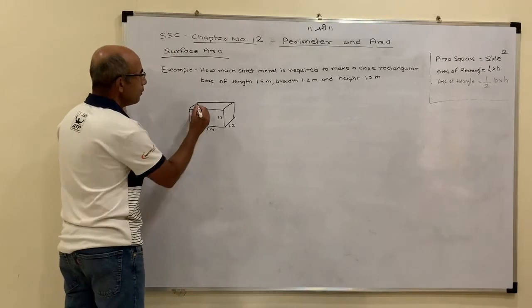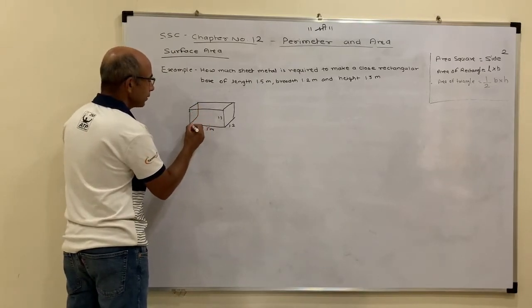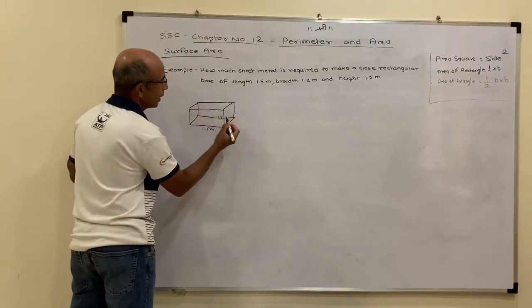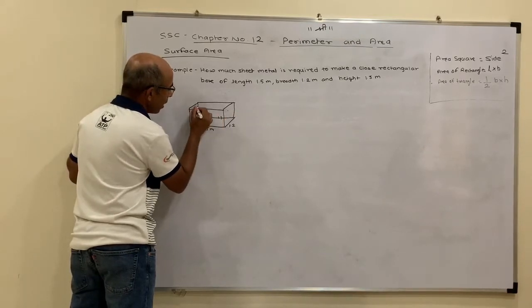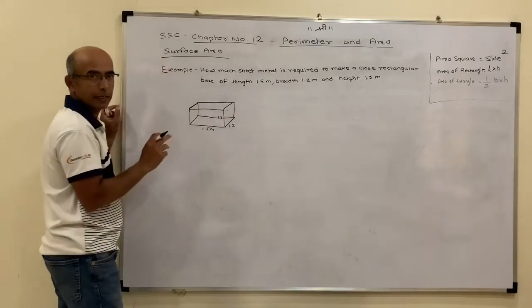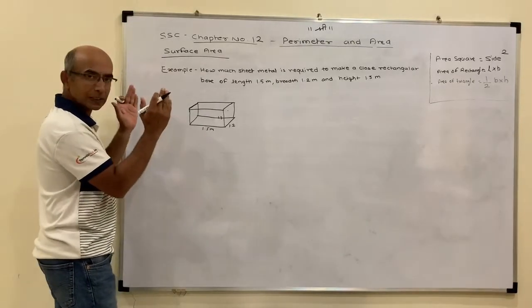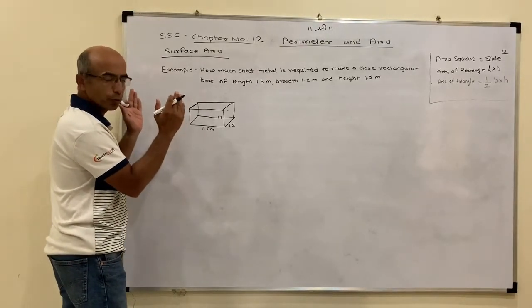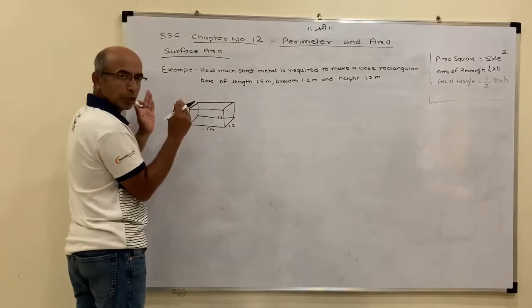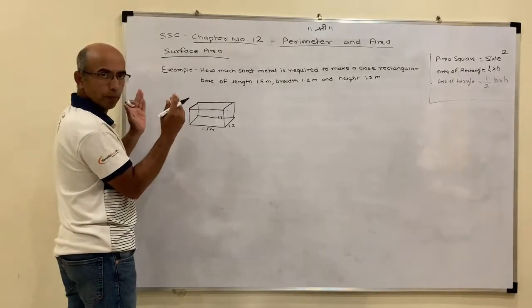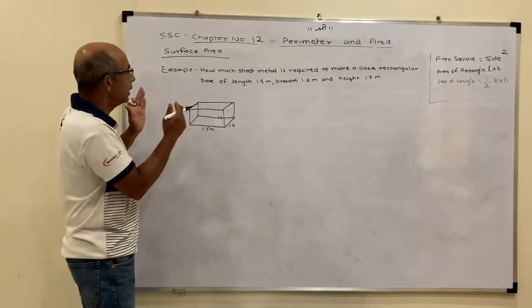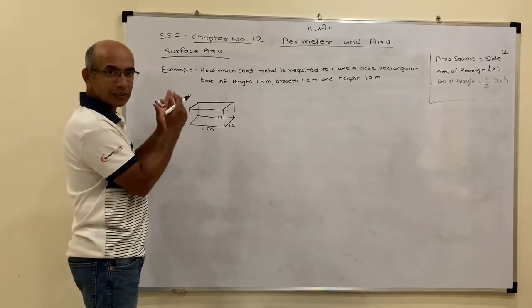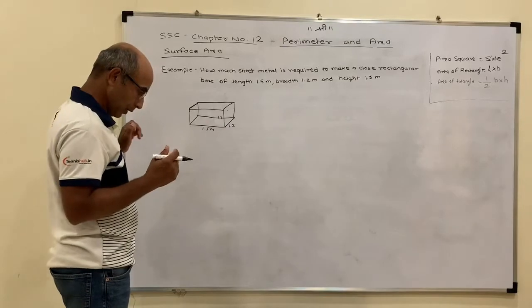Now we need to understand one thing. This area and this area of the box is identical. The opposite surfaces of any cuboid or cube are identical. In case of cube, all surfaces are identical. In case of cuboid, the opposite surfaces are identical.